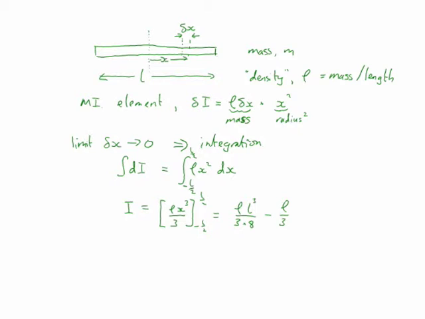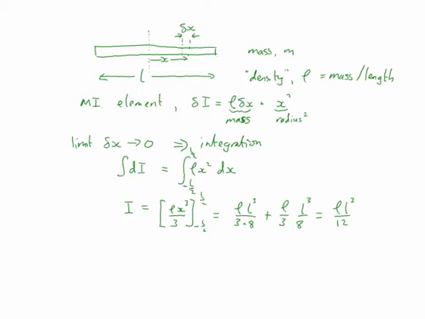Well, minus L over 2 cubed is minus L cubed over 8. So this becomes a plus. Right? So what we end up with is rho L cubed over 12, because this is rho L cubed over 24 plus rho L cubed over 24, so we get 2 over 24, that's 1 over 12.